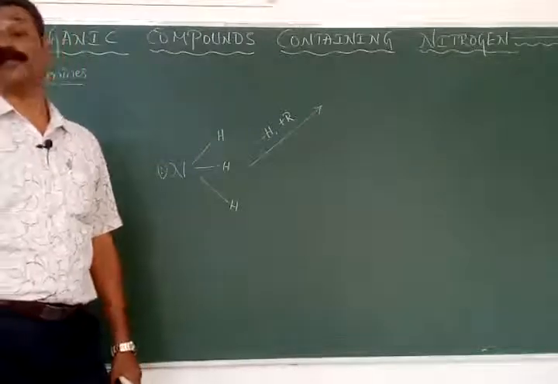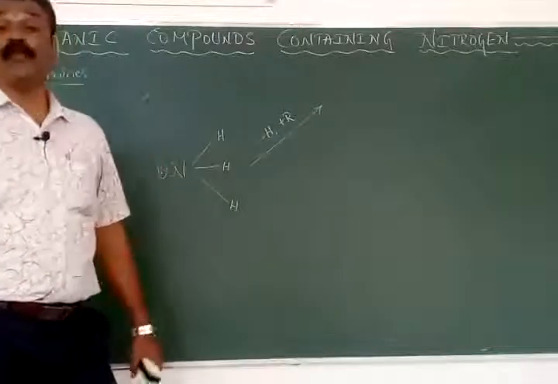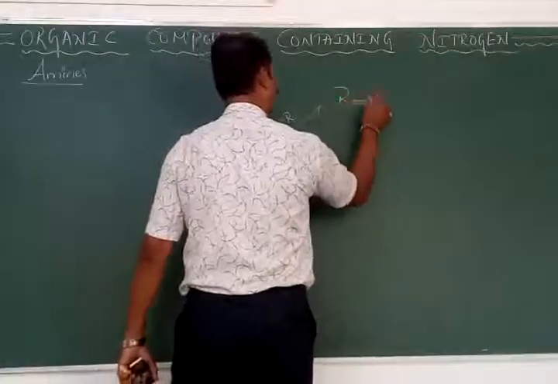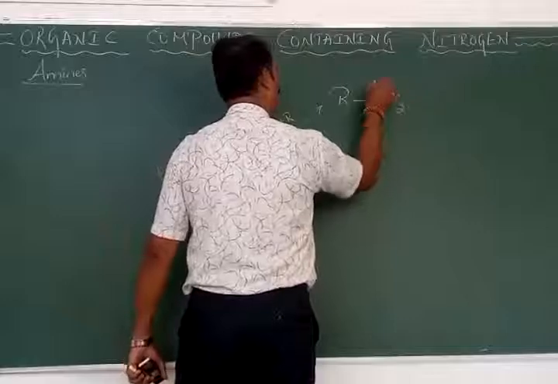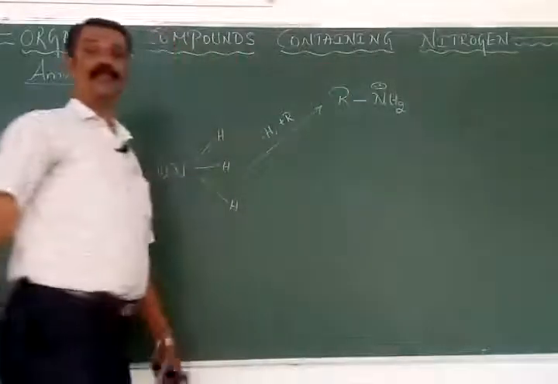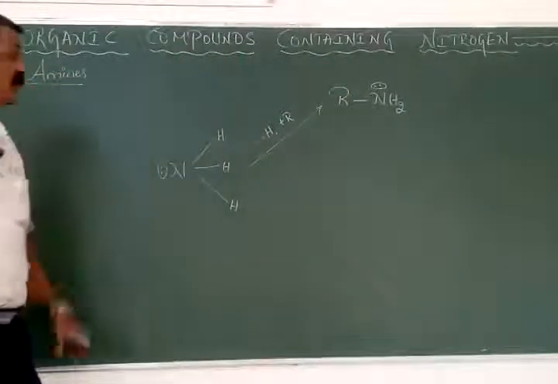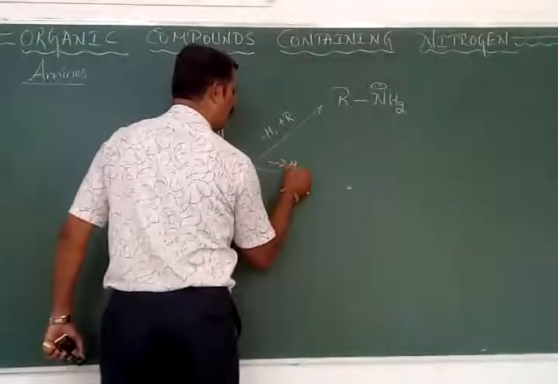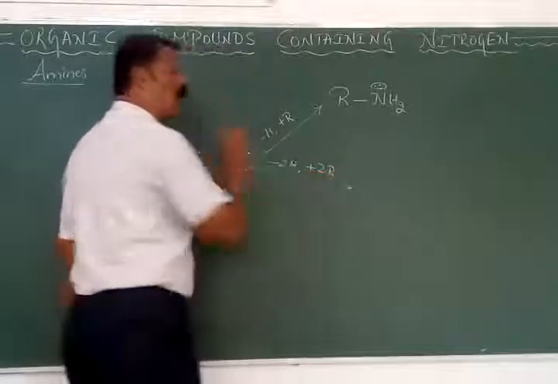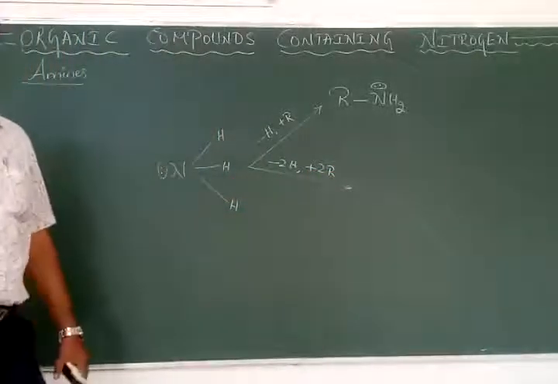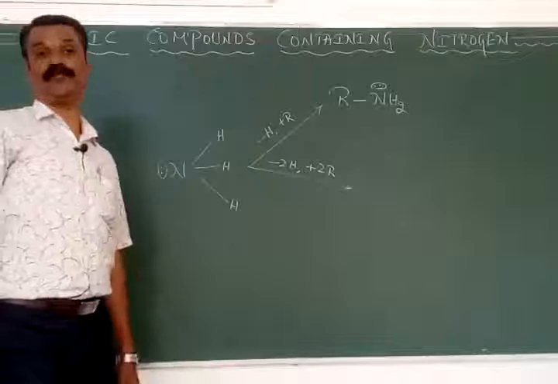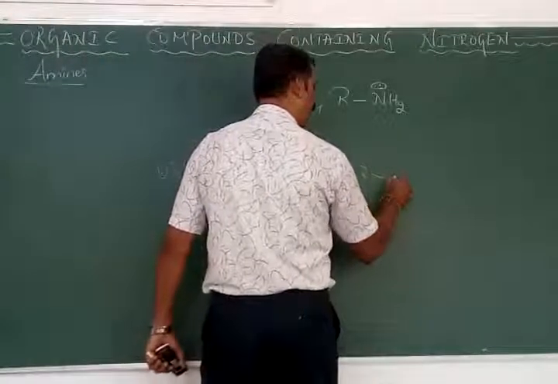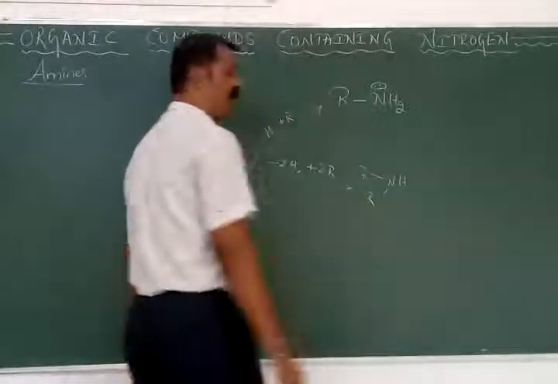If one of the hydrogens has been replaced, we get RNH2. It's an amine. Suppose two hydrogen atoms have been replaced by two organic groups, aliphatic, aromatic or heterocyclic, then we get RNHR or R dash, whatever it may be.